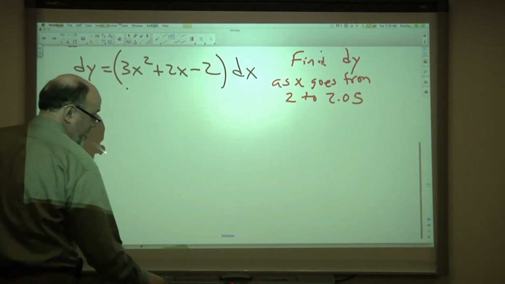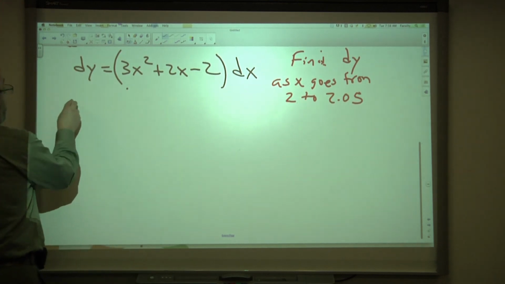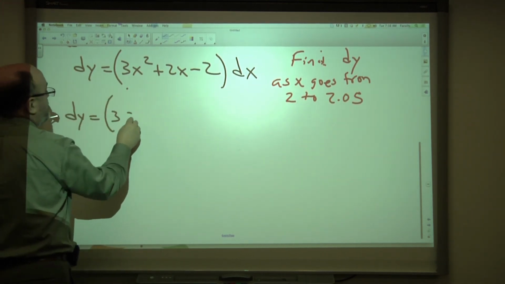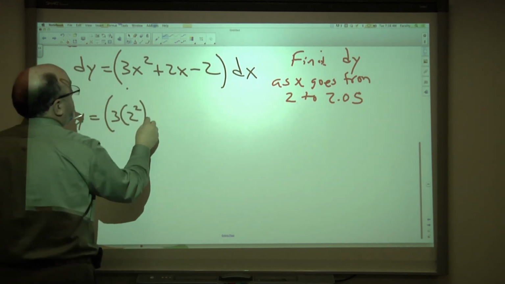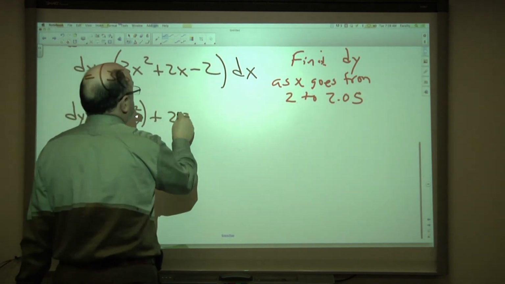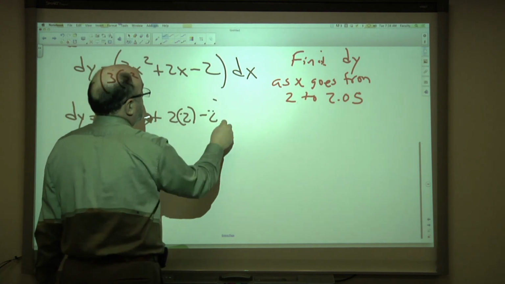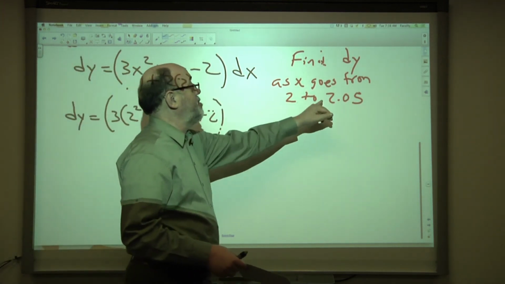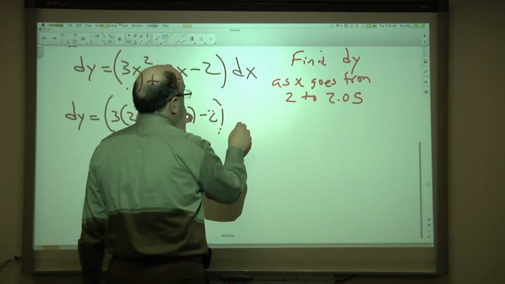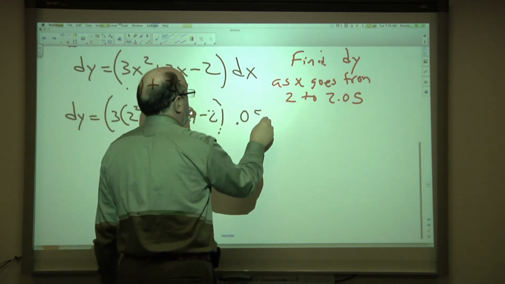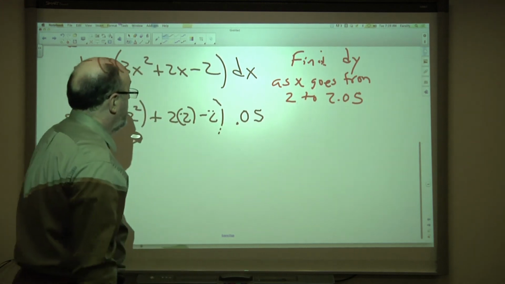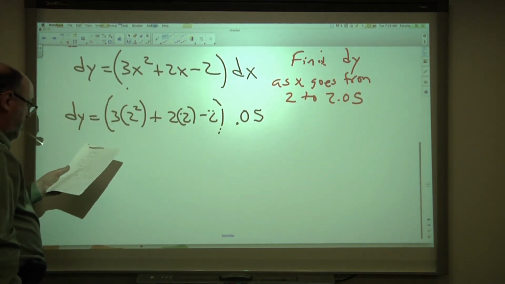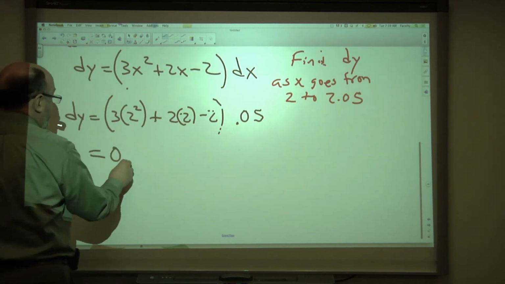So dy is going to equal 3 times 2 squared plus 2 times 2 minus 2. Right? And the change in x, when I go from 2 to 2.05, that change is 0.05. So we plug in the numbers, and we get a value of 0.7.